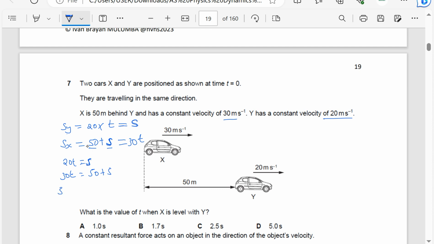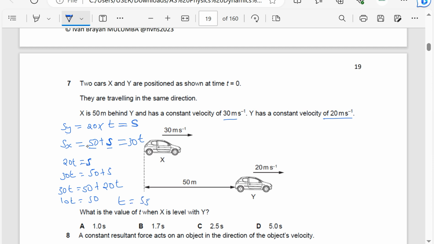I have 30t equals 50 plus S, which is 20 times t. So 10t is equal to 50, which means that t is equal to 5 seconds.